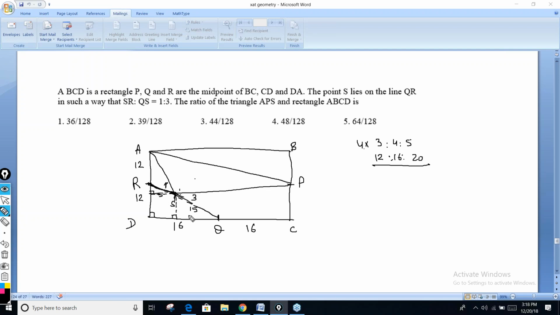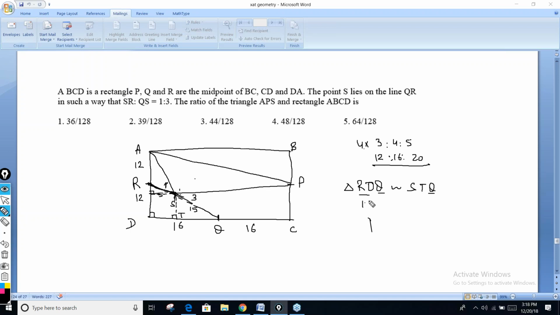Now, can you see this small triangle and this bigger triangle? Let me name those points S, Q, T and R, D, Q. Can I say triangle RDQ is similar to triangle STQ, with 90 degrees and Q common?